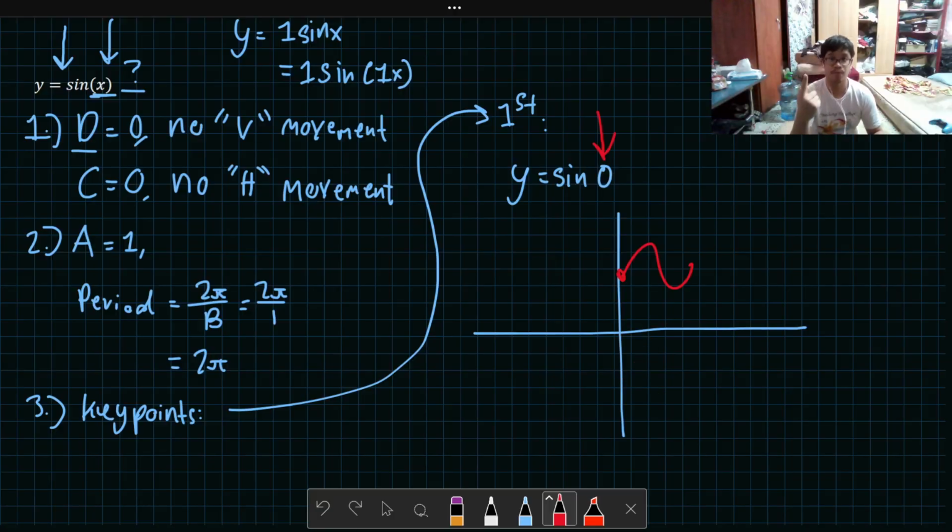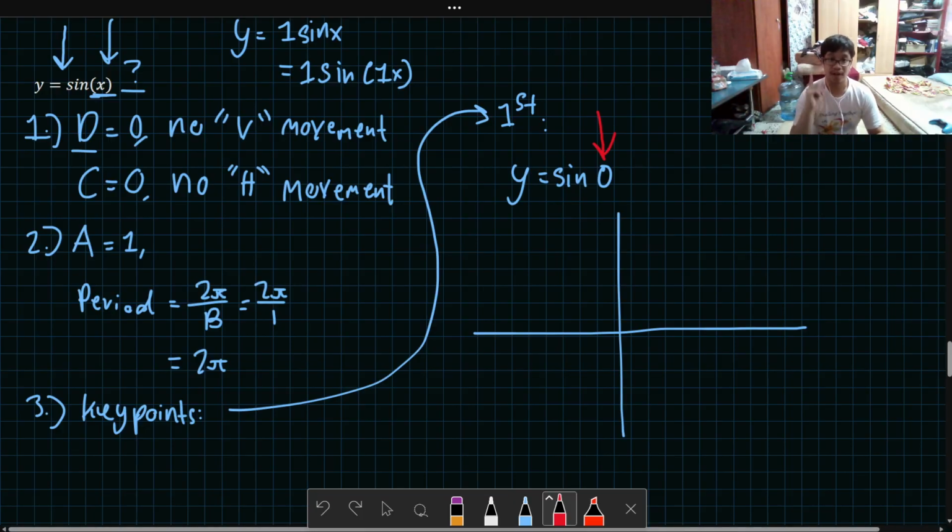Two, you're looking for its y-intercept, because in graphing you not only find the x-intercepts, which you will see later, but you also need to find the y-intercept. That is why, to find your first key point, make sure your input is zero.